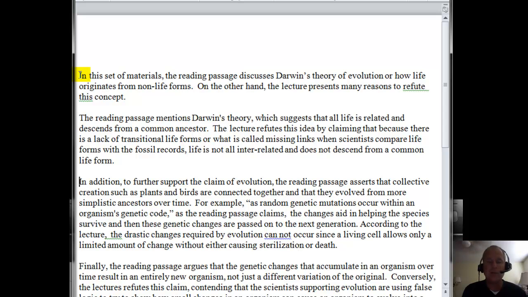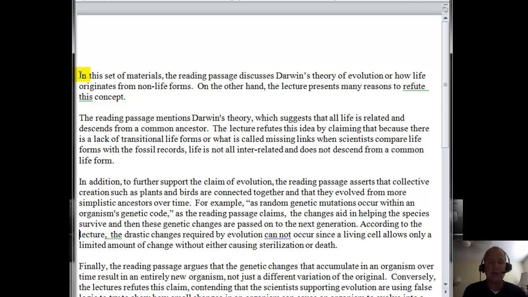In addition, to further support the claim of evolution, the reading passage asserts that collective creations such as plants and birds are connected together and that they evolved from more simplistic ancestors over time. For example, as random genetic mutations occur within an organism's genetic code, as the reading passage claims, the changes aid in helping the species survive, and then these genetic changes are passed on to the next generation.